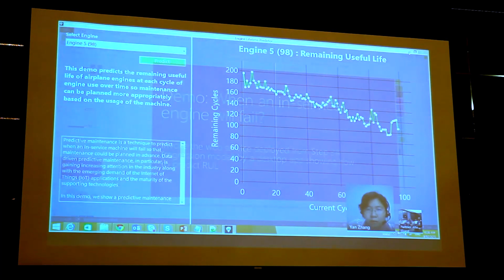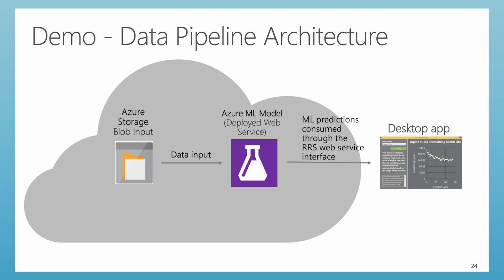So far, let me just summarize. For this demo, we showed that when we save the data into Azure Blob Storage, Azure ML can read this data from the Azure Blob Storage, and then perform data preparation, model construction, model comparison, and so forth.